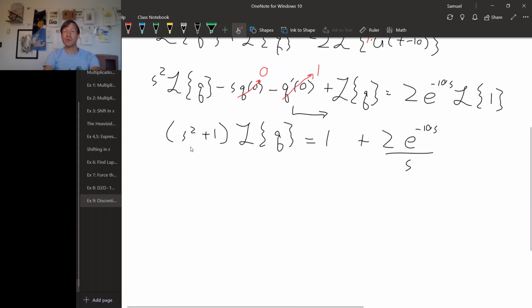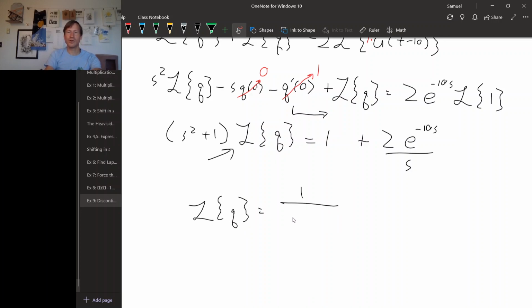All right, now that we have an equation with the Laplace transform, just solve for the Laplace transform. So the Laplace transform of q is 1 over s squared plus 1 plus, actually I'm going to move these out front, 2 times e to the minus 10s times 1 over s times s squared plus 1.